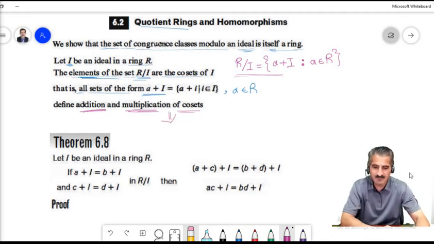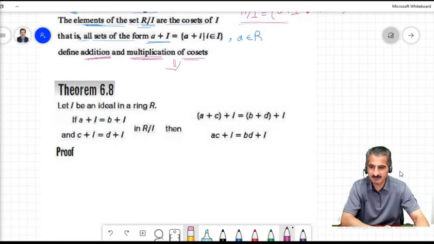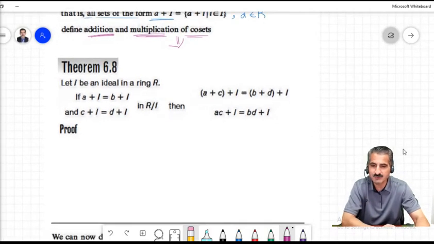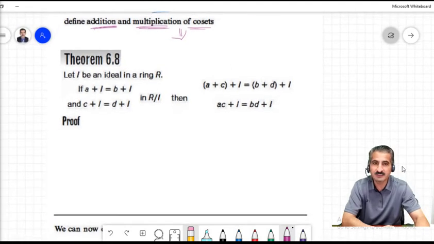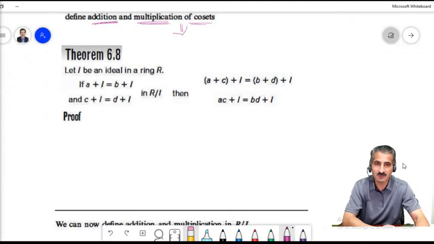We actually already defined this addition and multiplication in the last lecture. But today in this theorem we will show that they are well defined, which means these operations do not depend on the representative of the cosets.